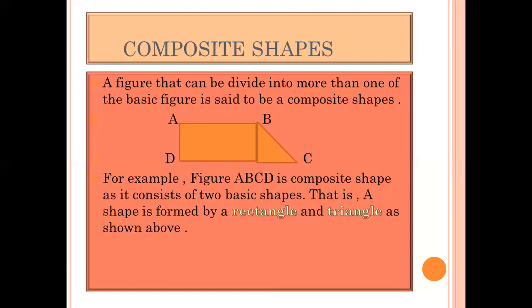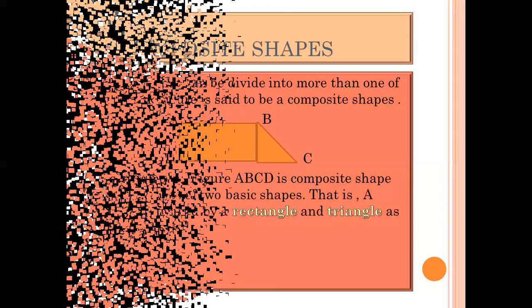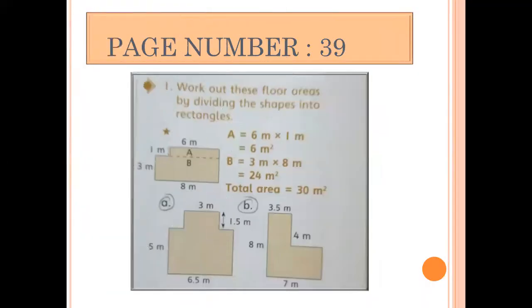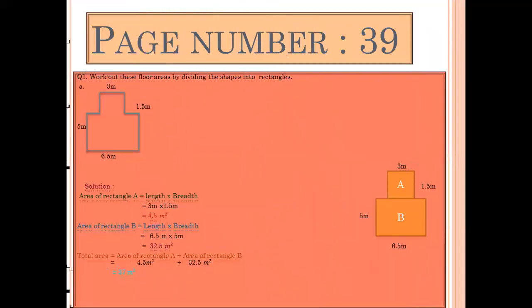Now we start our questions. Page 39. Question 1 is included in your scheme, and there are two parts of this question. In part A, we have a composite figure over here.